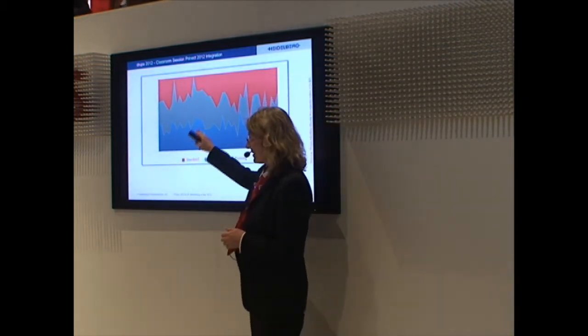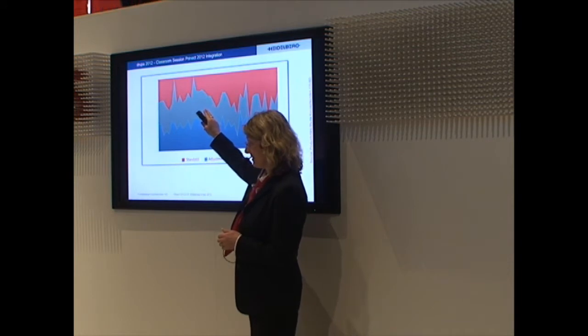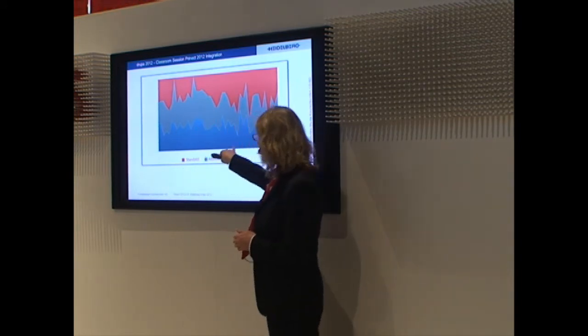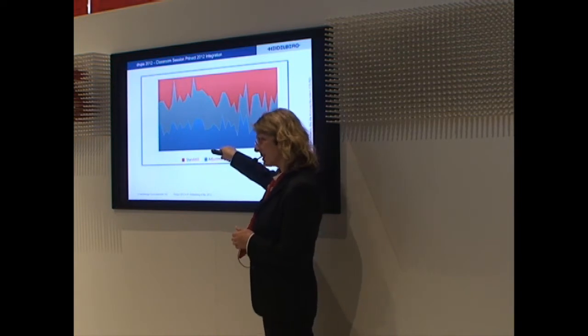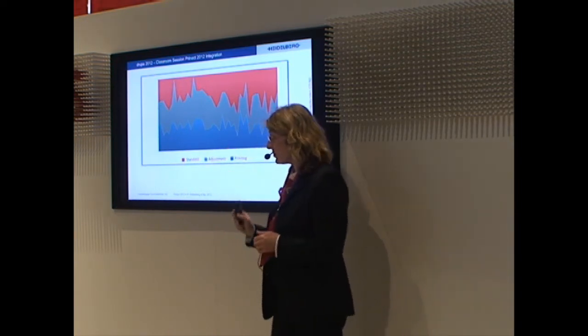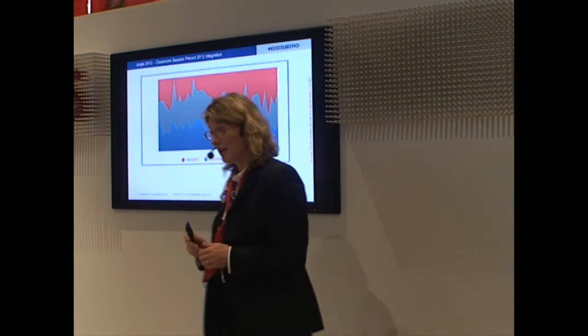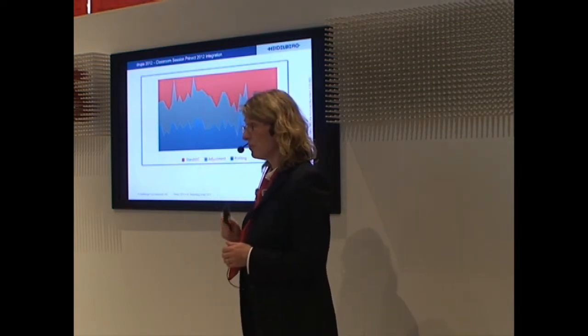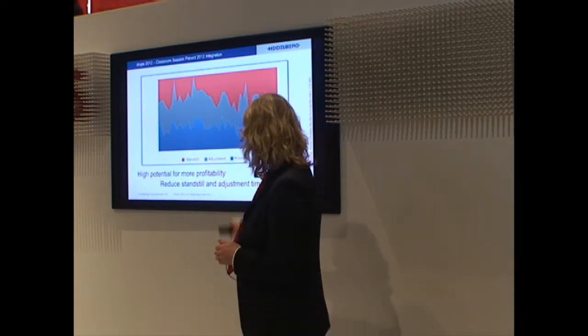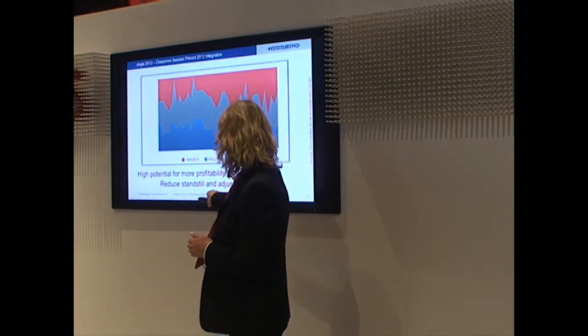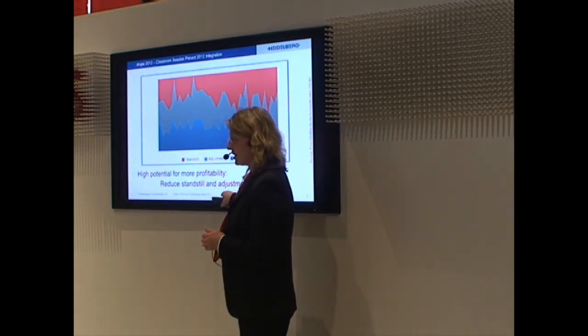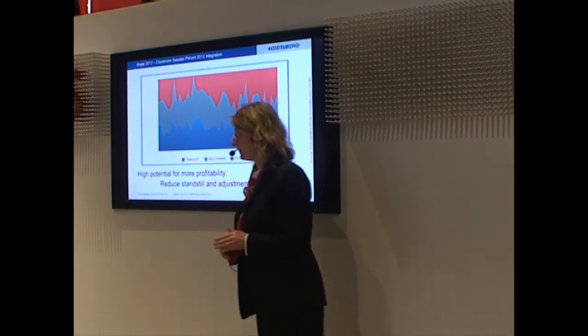It shows the red standstill times, the gray adjustment times, and the blue time. That's your printing time. And this shows you something: you have a high potential for more profitability if you manage to reduce those. If you get rid of standstill and adjustment times, you can be more profitable.